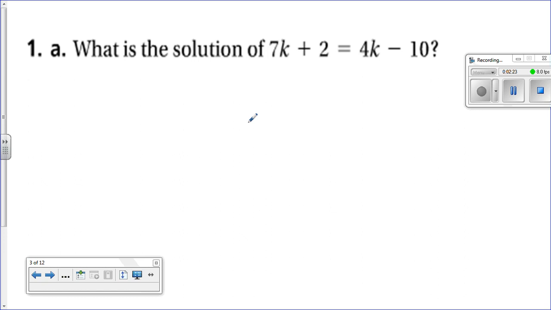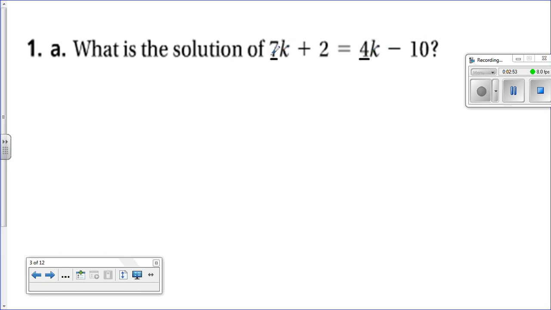All right, let's try another one. So the thing I always get to is, can we move the k's over to the right-hand side? And the answer is yes. But there's usually a reason or something that makes it easier. Basically, if you don't want to have to deal with negative numbers in front of your k, what I would suggest is whichever one is bigger, the 7 or the 4, the ones that are attached to k.